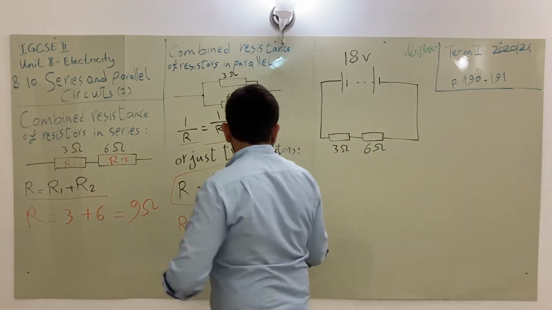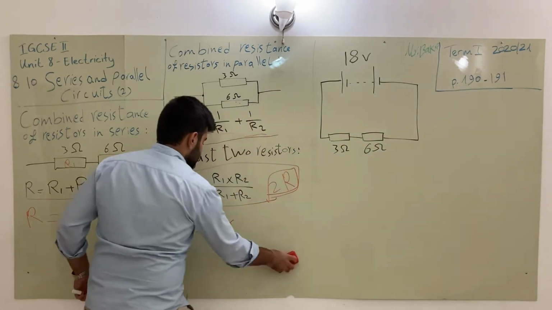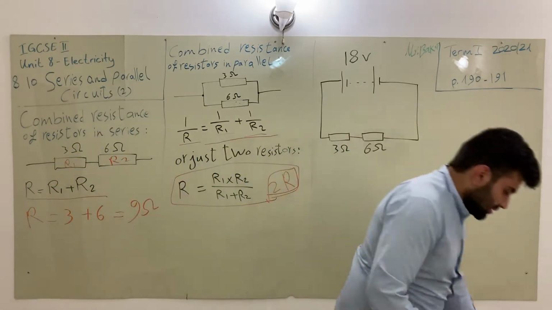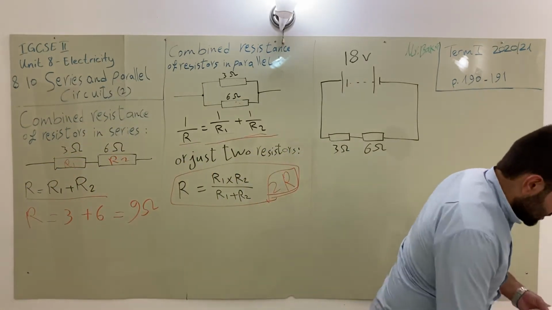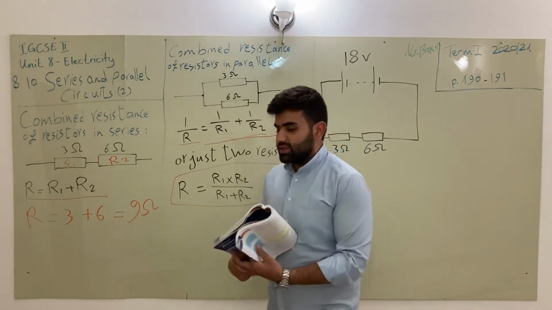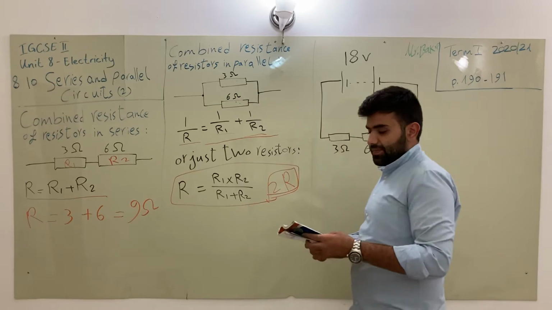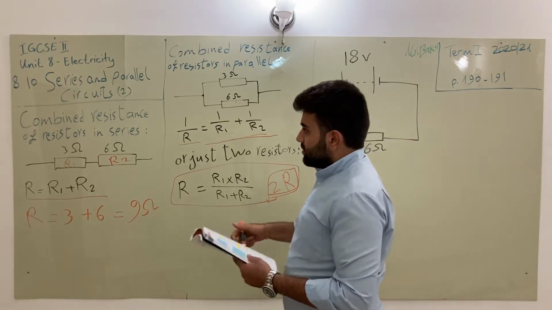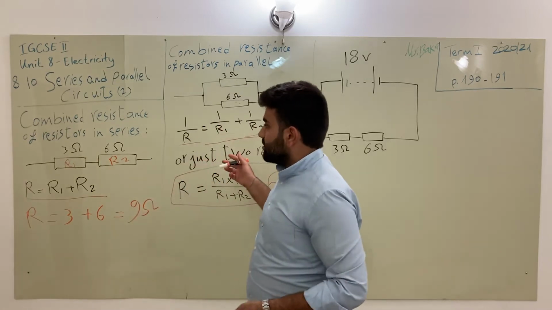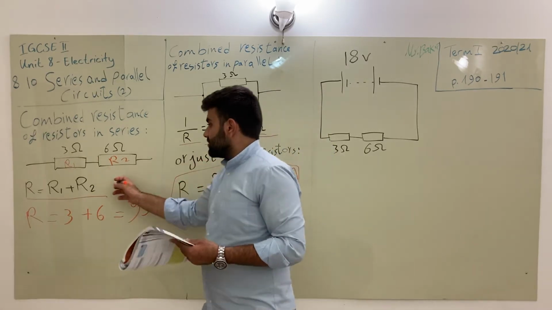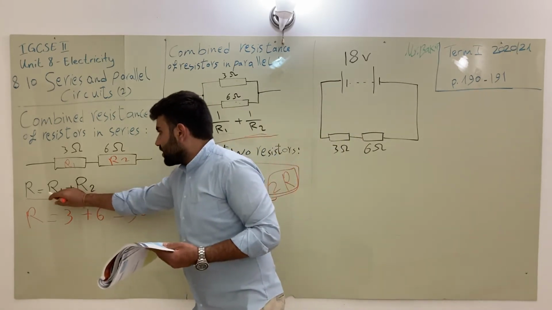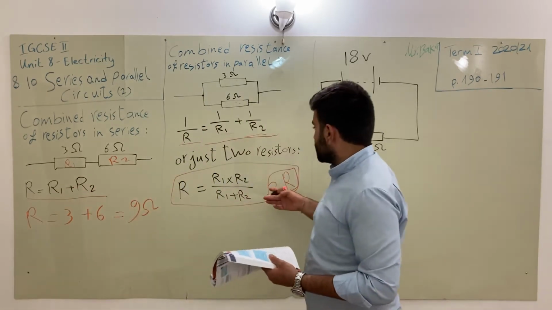Let's clear this up. You can see in your book, page 191, there are examples. We're going to take an example now. For the series here, we find that combined resistance is what? The sum of them, or we just R1 plus R2, simple.